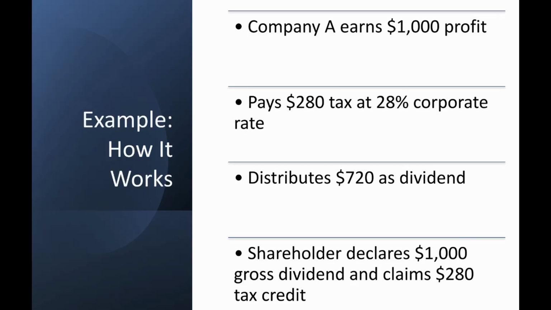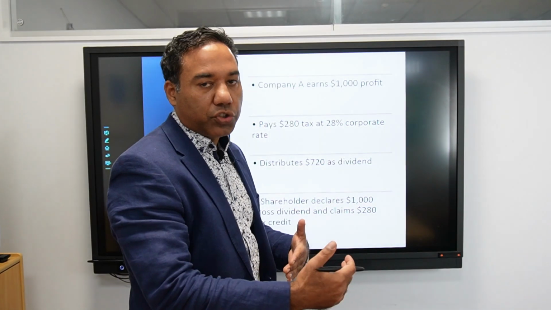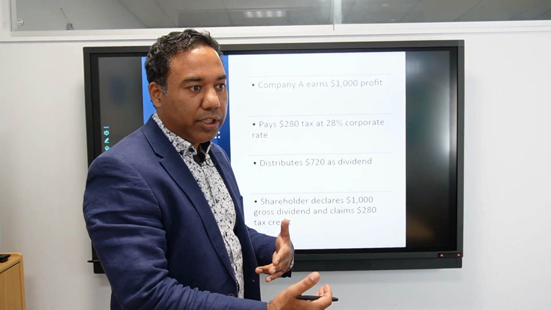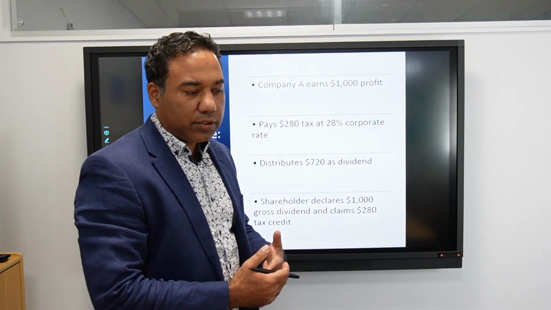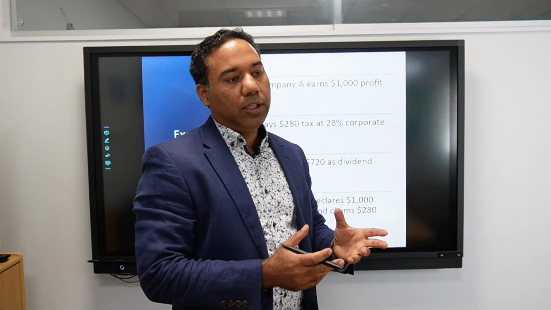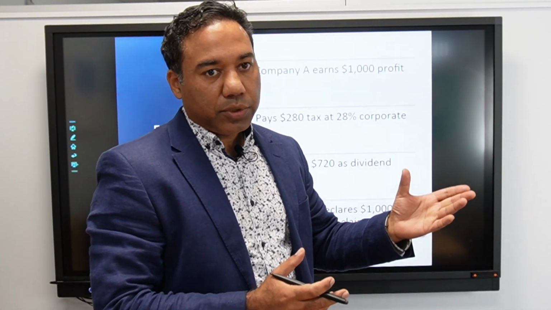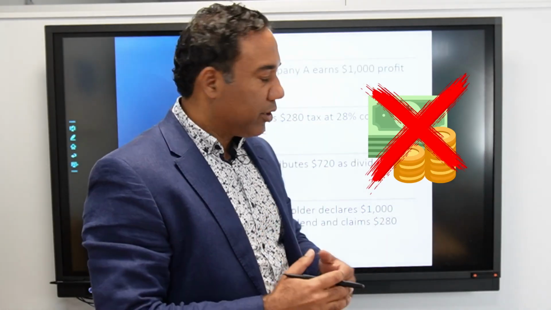The shareholder will declare $1,000 as their income, and the $280 tax that has been paid will be used as tax credits. So they will not show the 720 they received, but they will gross it up. So $1,000 would be their income and $280 will be tax credits. This is the framework of the dividend system. So tax paid by the company should not be paid again by the recipient.